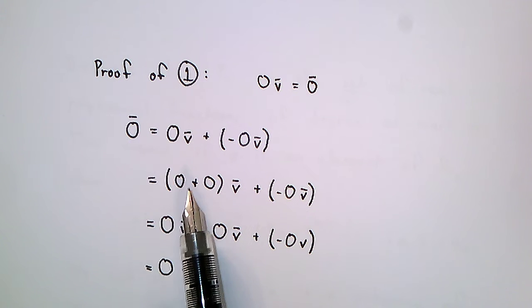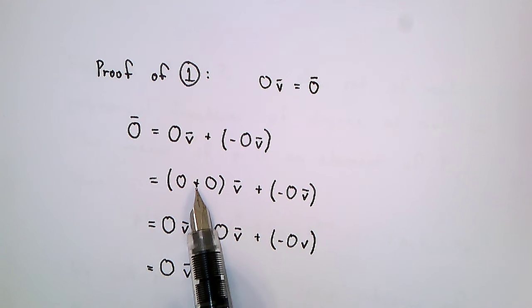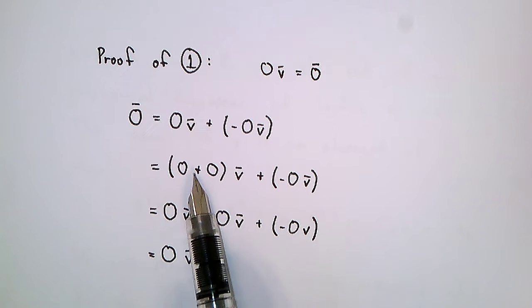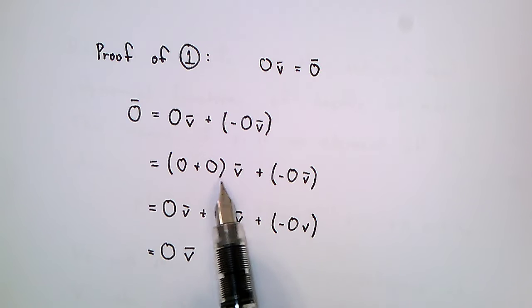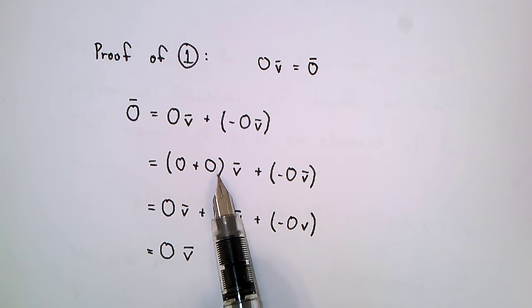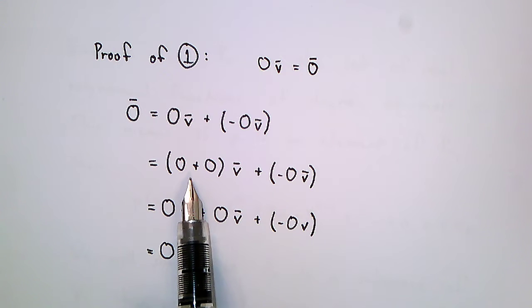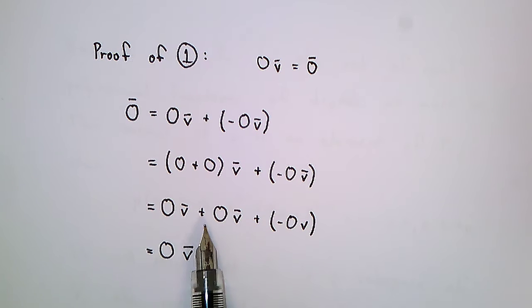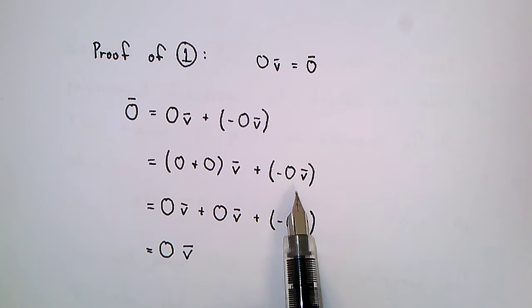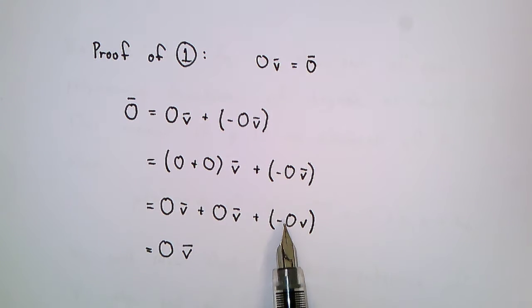0 is, of course, the number 0, and it's equal to 0 plus 0. That's not saying anything new. But what this lets me do is distribute using one of the distributive properties. This is the 8th property of the vector space, if you're keeping track. I can distribute my vector over scalar addition to get 0v plus 0v, and the negative of 0v has just come along on each step.